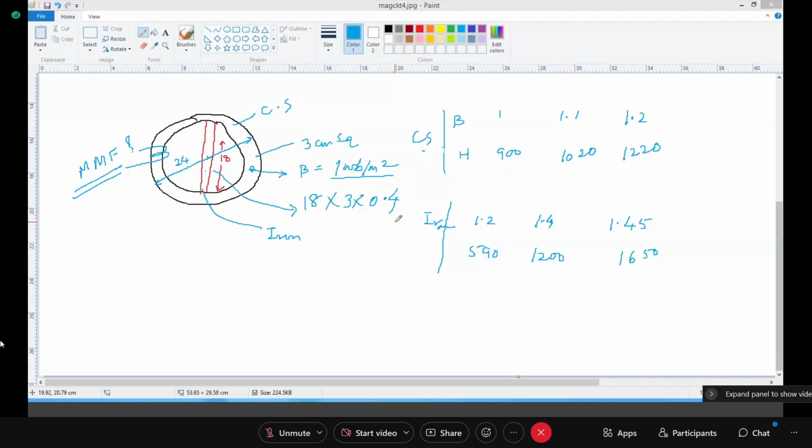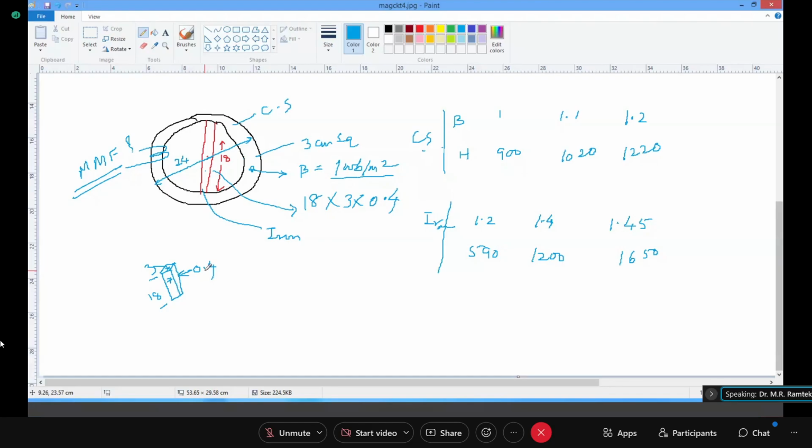Clear now? It is something like this. I will draw the diagram just for understanding. Here, it is like this. So this is 3 centimeter. This is 18 centimeter, and this width is 0.4. It's all in centimeters. Now it is clear?